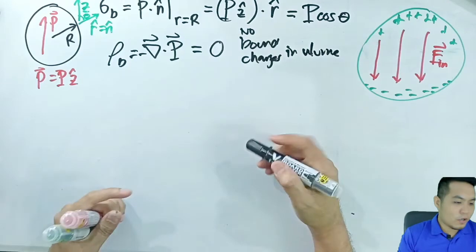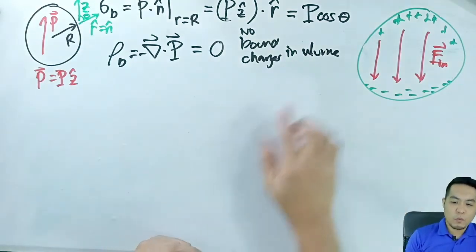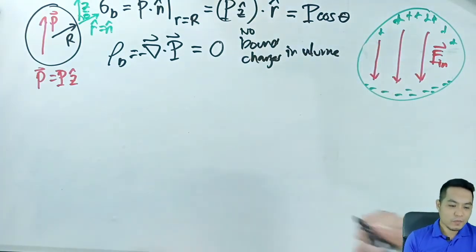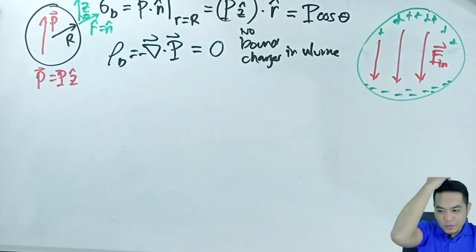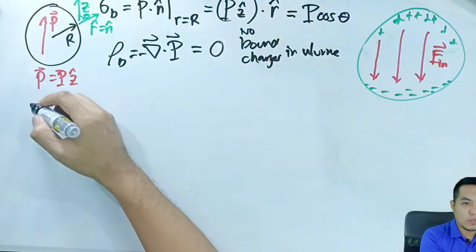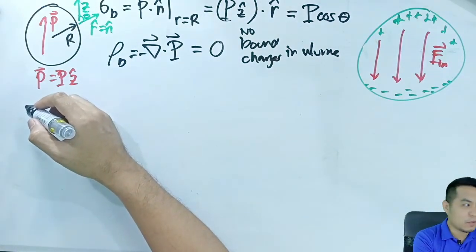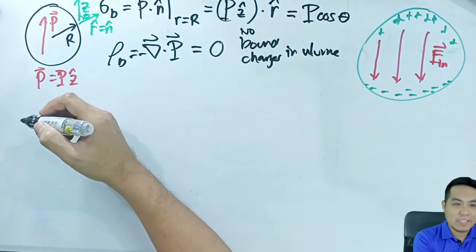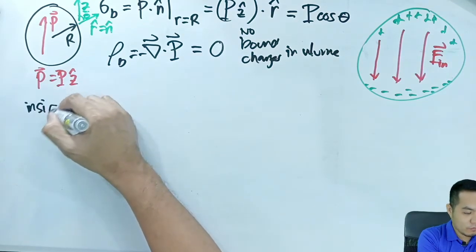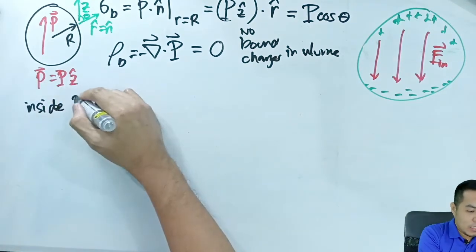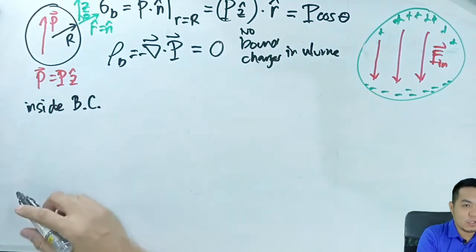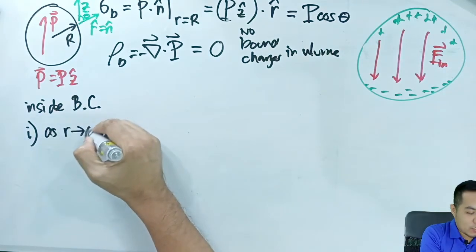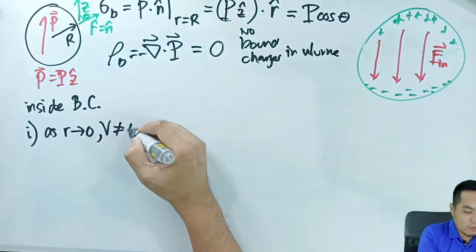Okay, so in order to solve this problem, we actually need just this one, the bound charge density. We need to treat it as a boundary value problem. For instance, if we want to find the electric field inside the sphere, we have this boundary condition: as r approaches 0, the potential must be finite.